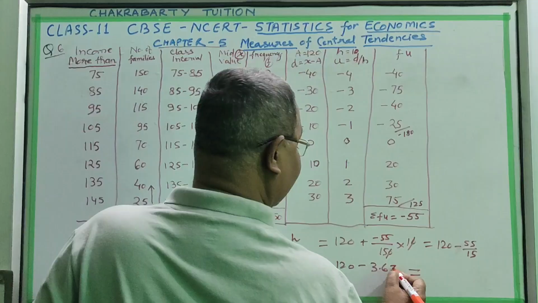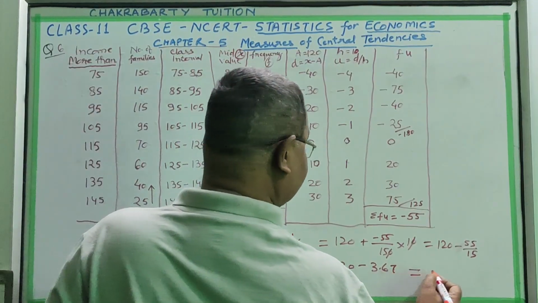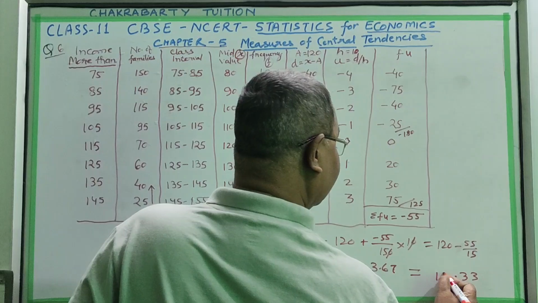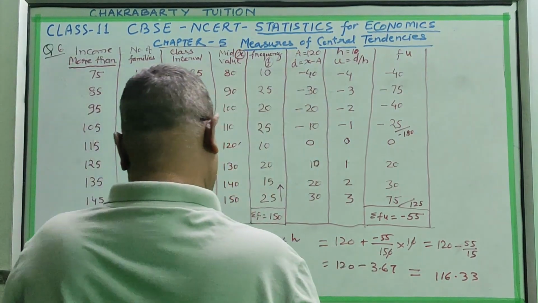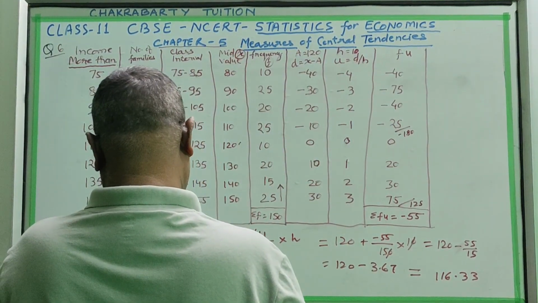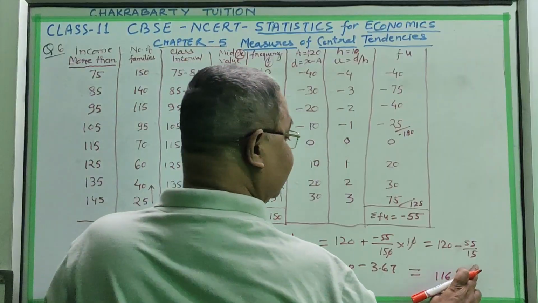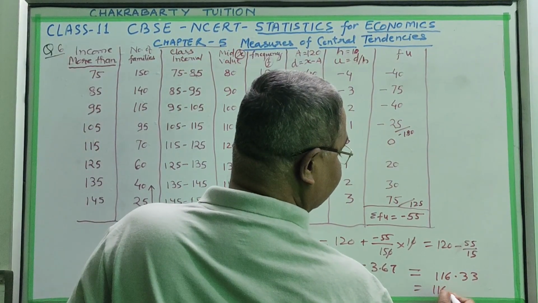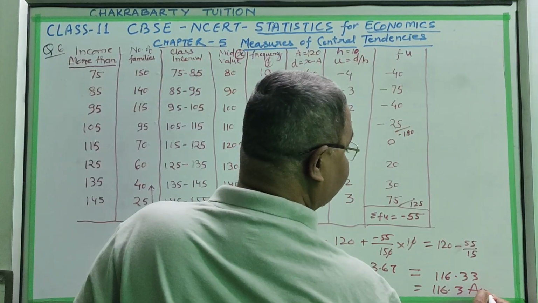So what will be the answer? The answer will be 120 minus 3.67, which is 116.33. So this 3 is not required. So it equals 116.3. This is your answer.